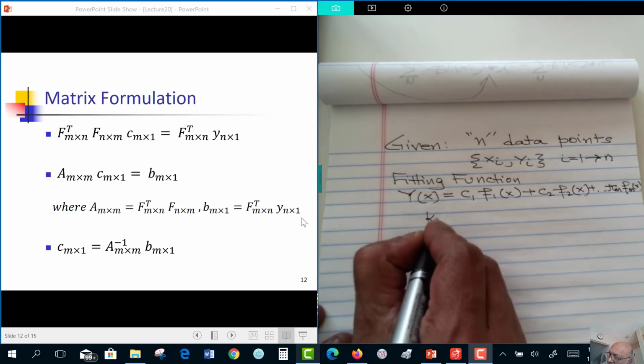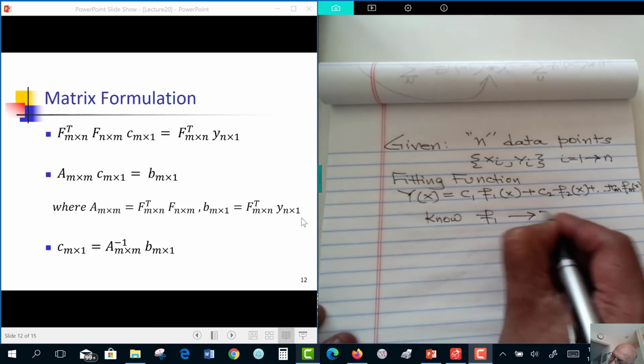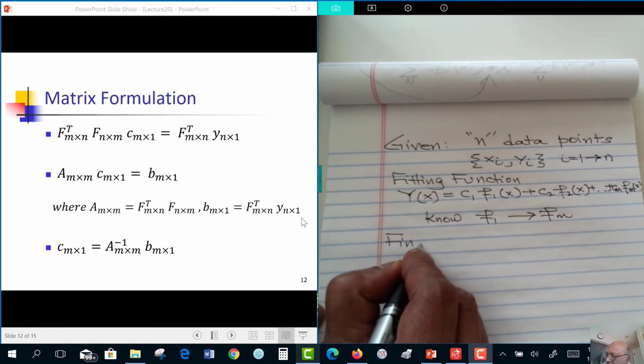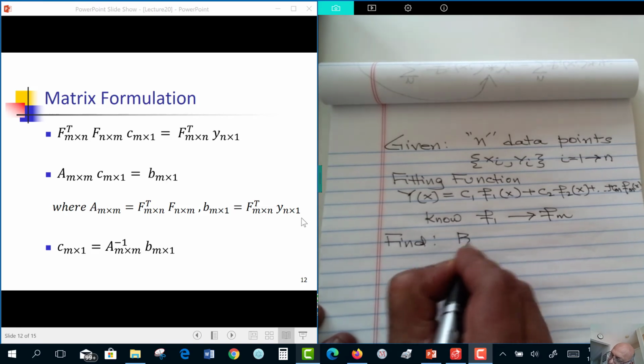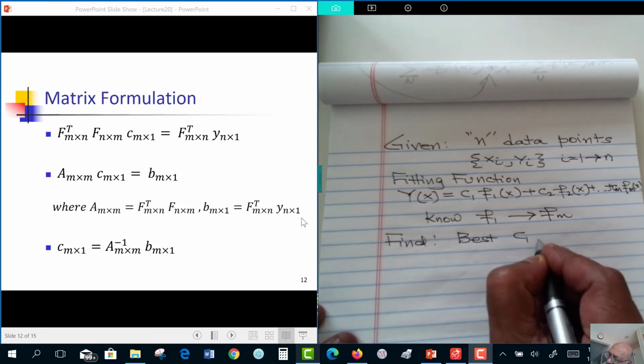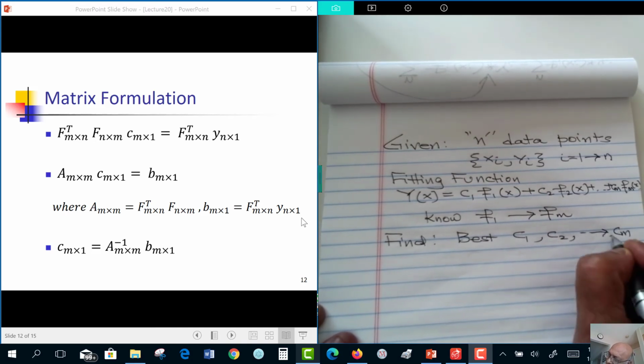So therefore we know f1 through fm. We know all these functions. And what we want to find are the best values for c1, c2, through cm, right? That's our problem.